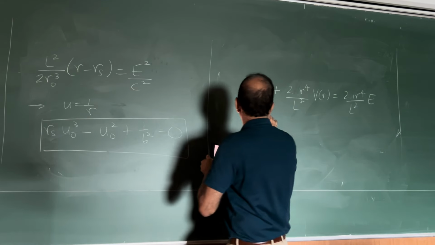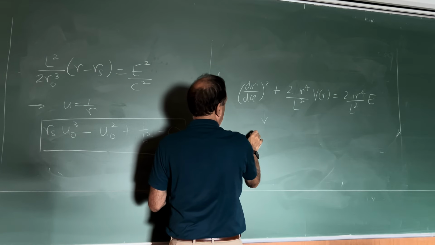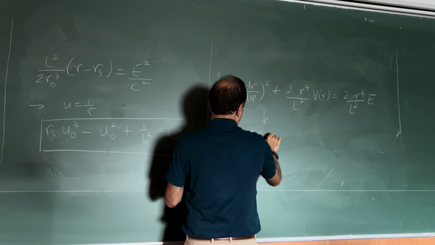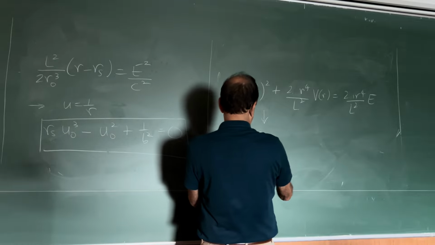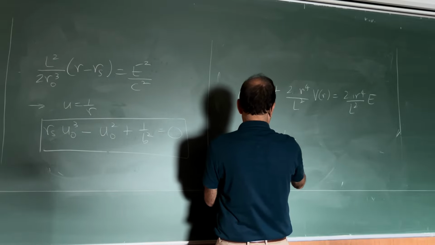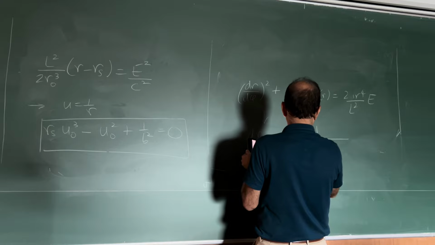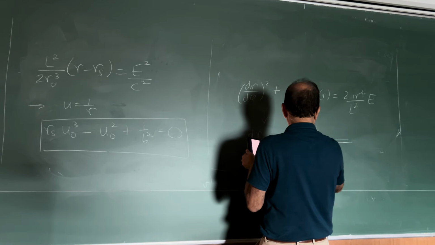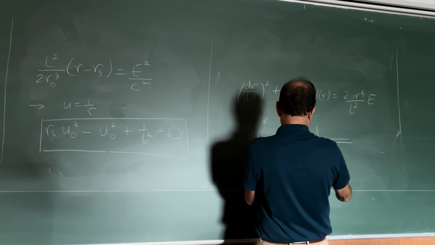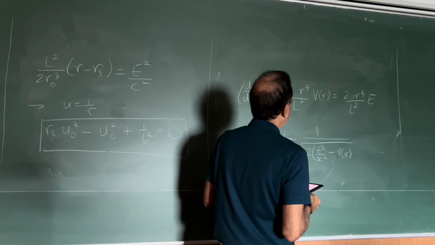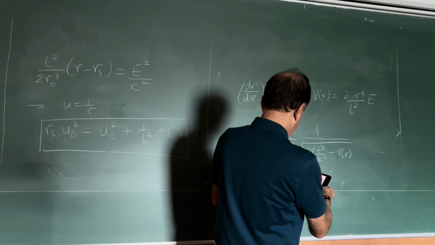From this, by taking all that to the other side, we get dr by d phi is equal to L by R squared, 1 over root of 2 times (E squared by 2C squared minus V of R).